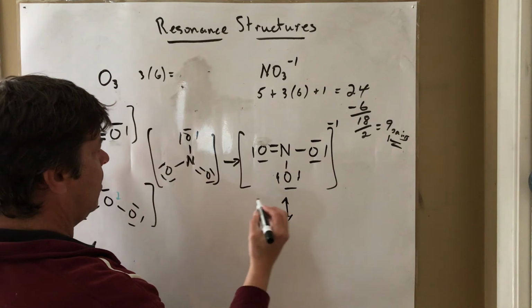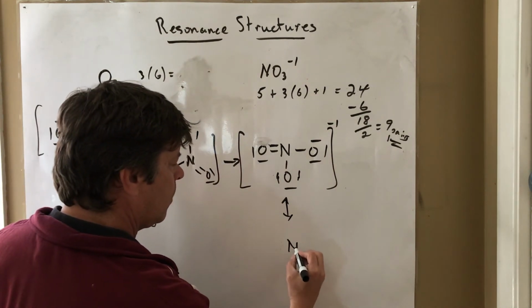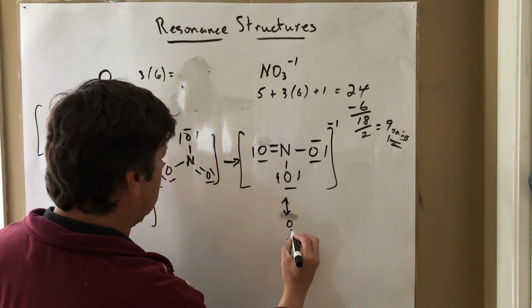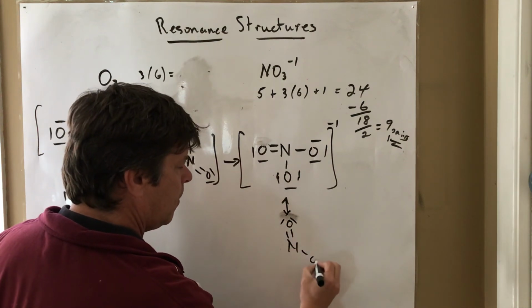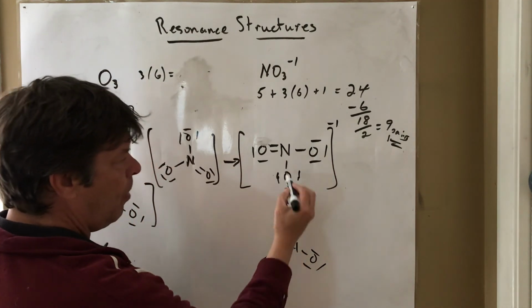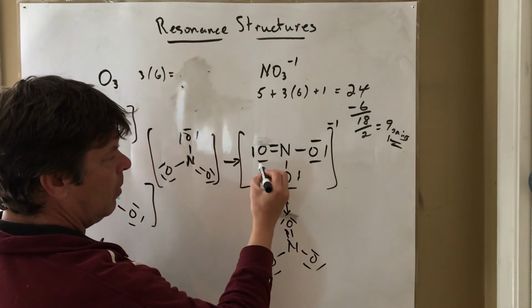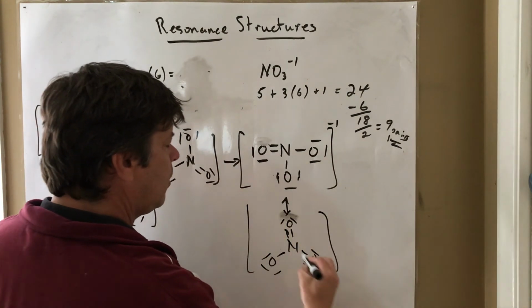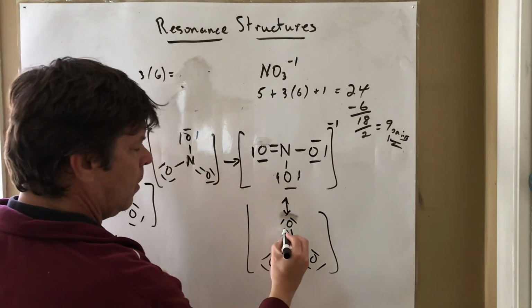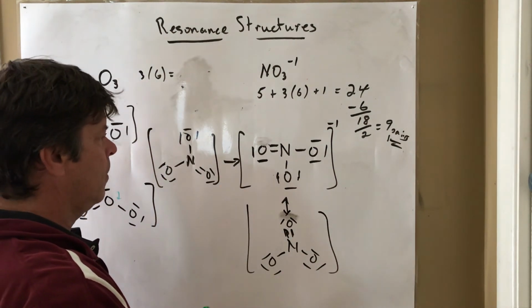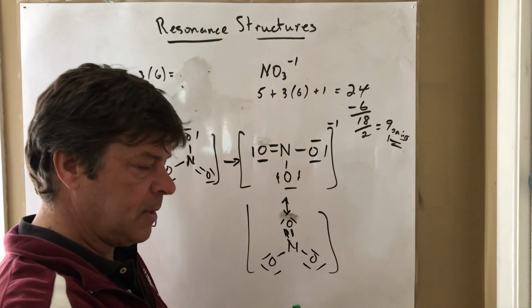Let's put the double bond here. Now it's important with that double bond, there's only 4 more valence electrons, so just be careful with that. So 3 resonance structures. And I'll give you a few more to do for practice, okay?